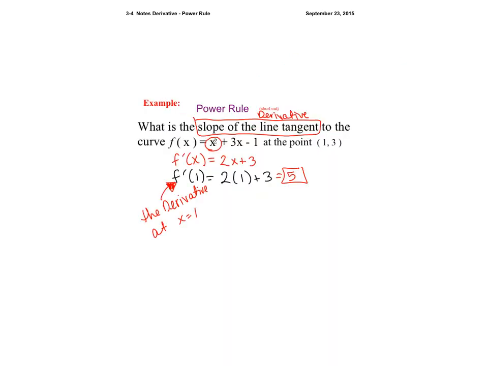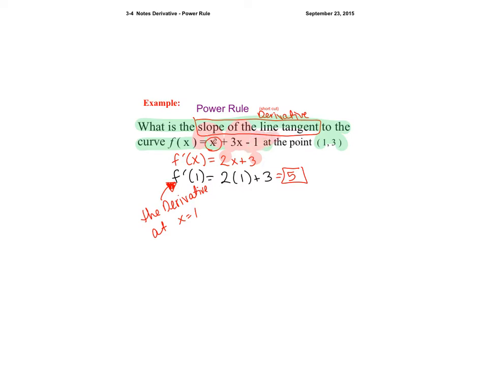So, here's an example. What's the slope of the tangent line to the curve x squared plus 3x minus 1 at this point right here? So, you take your derivative. You take that 2, put it up front, and that becomes now 2x. You take that 1, put it up front, so 3 times 1 is just 3, and that's x to the 0, which just becomes 1.